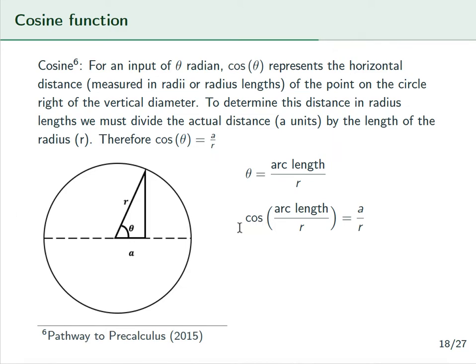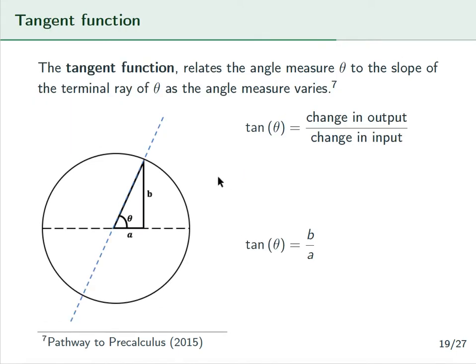So what is the tangent function? Again, if you had trig before, you probably remember tangent is just sine over cosine. But tangent is not defined by sine over cosine. It is sine over cosine, but it has its own meaning. The tangent function relates the angle measure to the slope of the terminal ray as the angle measure varies.